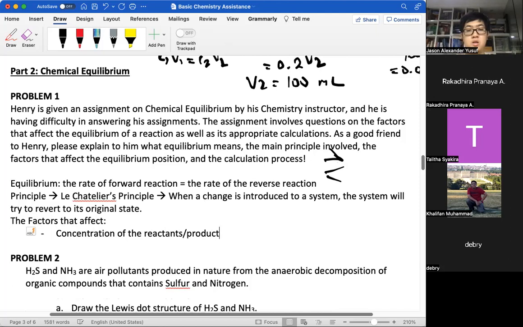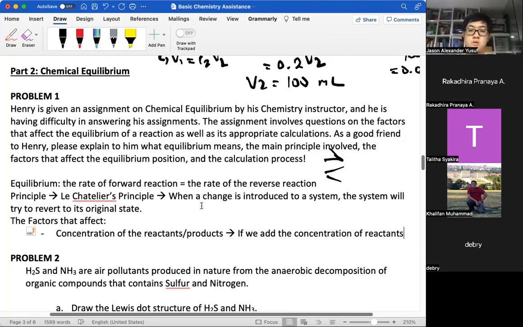What I mean by this is that if we add to the concentration of reactants, meaning we are adding a reactant here, the system will do whatever it can to revert to its original state.